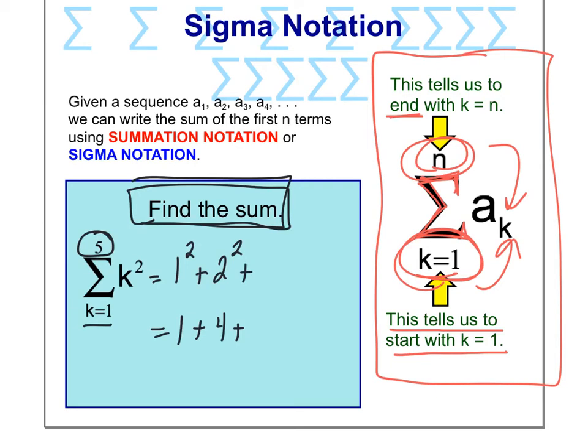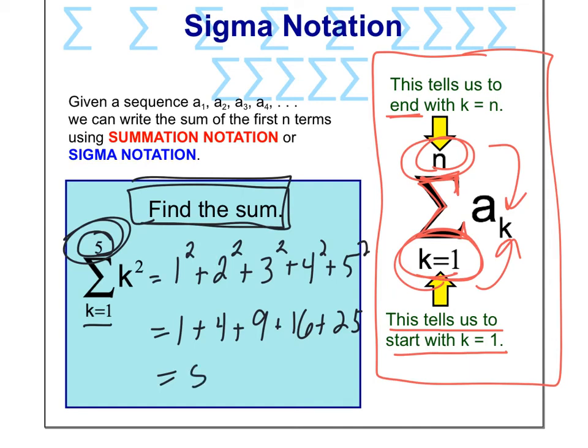And we keep going until we get to that ending number. So I think, hopefully, you get the idea. And so we can say that the partial sum of these 5 terms equals 55. No different than the equation that we were just using.